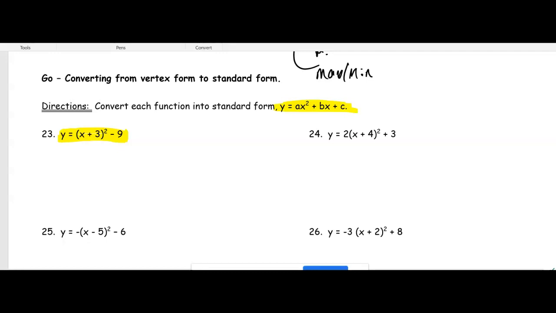All right, so this would just mean now we want to kind of undo all of this. X plus 3 squared is really just an x plus 3 times an x plus a 3. So we want to multiply that out. So do your x times an x, and well, yeah, let's do it this way. And then the x times the 3 is a 3x.